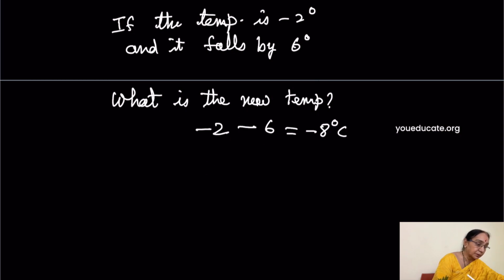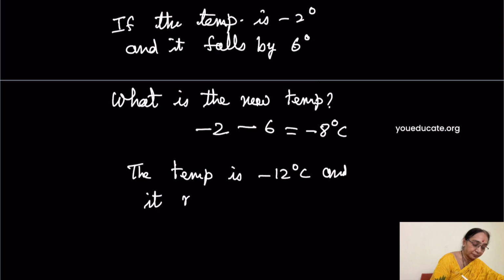Now, this is another example. The temperature is minus 12 degrees centigrade and it rises by another 12 degrees centigrade. Remember, I have not put any sign here, which means it's positive.